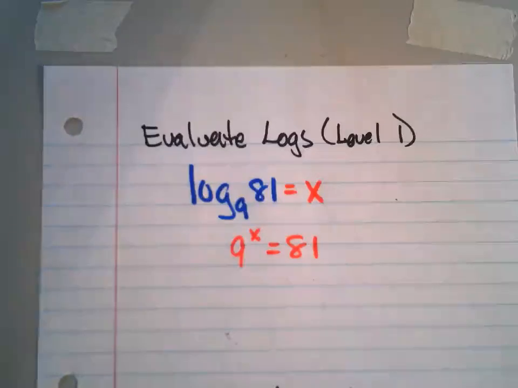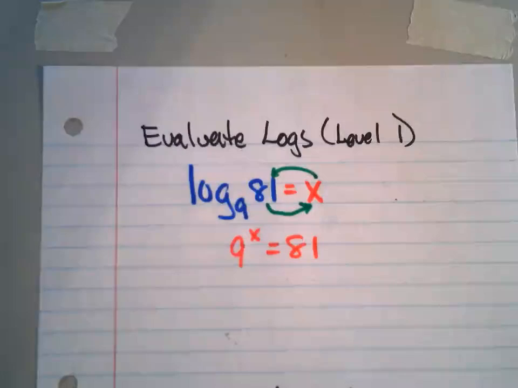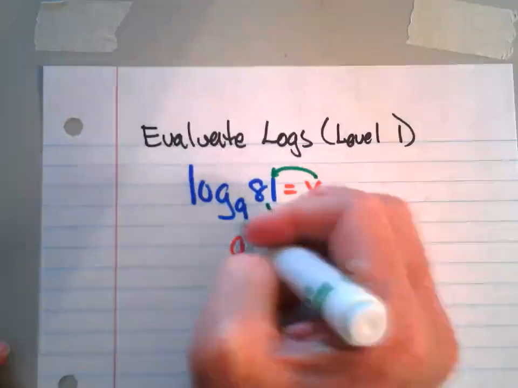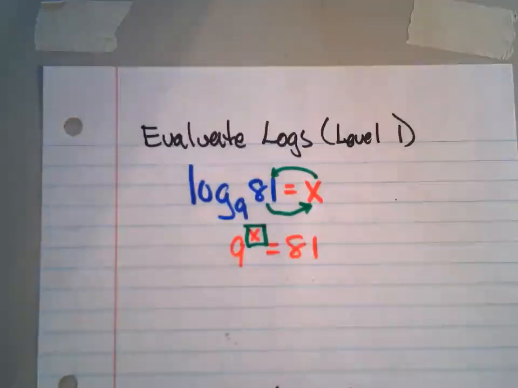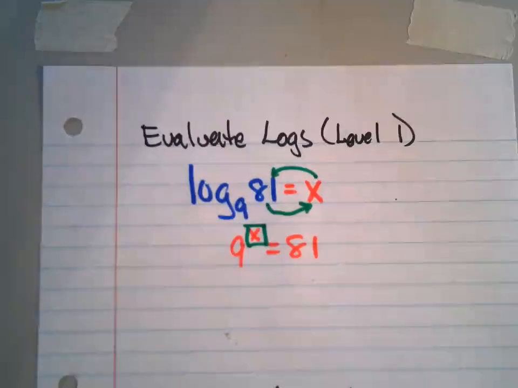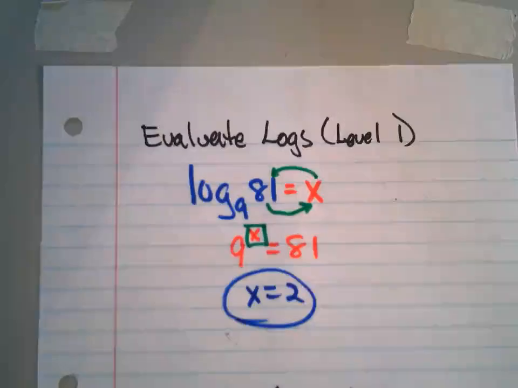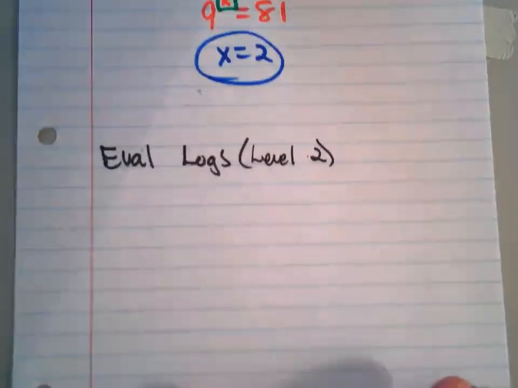For those of you that don't remember, the x and the 81 basically are going to switch places. The log disappears, and we have it written exponentially. We're trying to figure out what value of x will give us 81. So 9 to what power equals 81? Hopefully everybody in the room knows that 9 to the second power is going to equal 81. Okay, so that's the first set of problems that you're going to work in Delta Math.